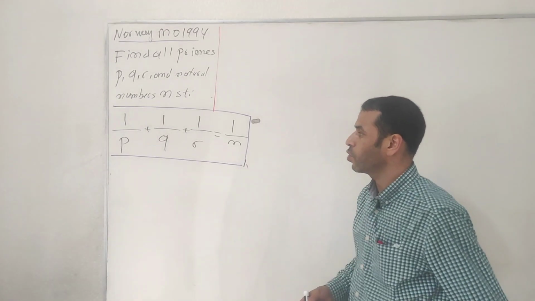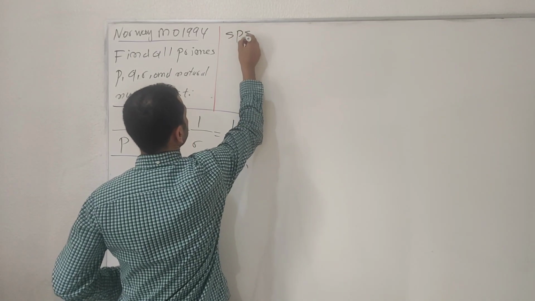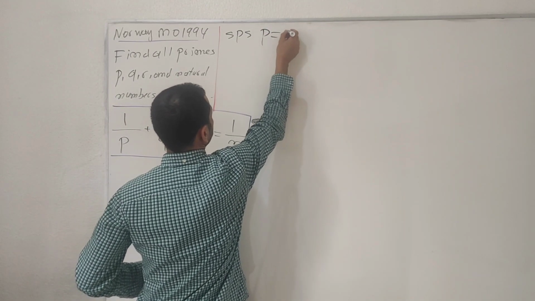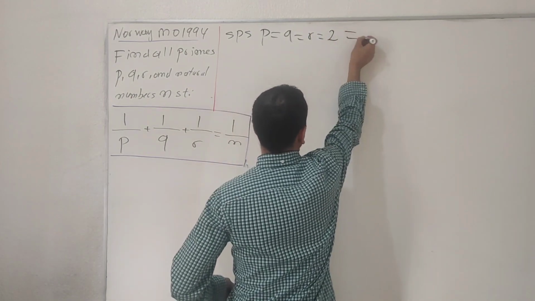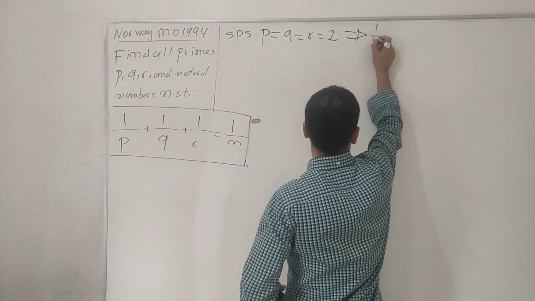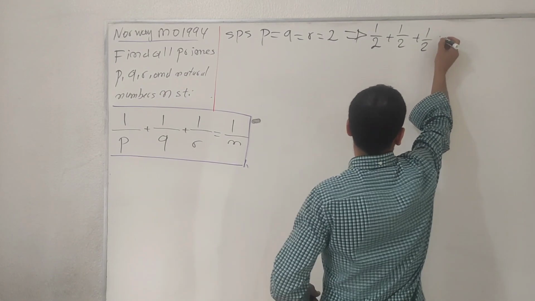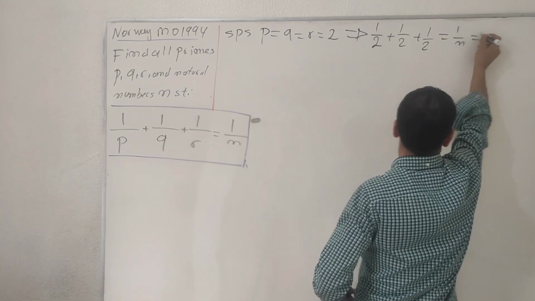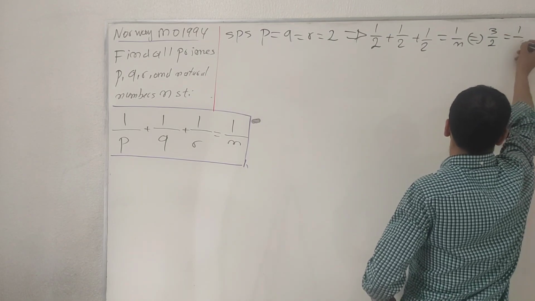Let's suppose all the primes are even. Let's suppose p equals q equals r equals 2 as even primes. So I'm going to insert this into the equation. I get half plus half plus half equals 1 over n. This is clearly giving us 3 over 2 equals 1 over n.